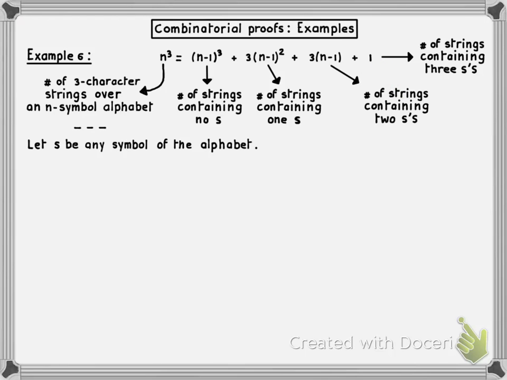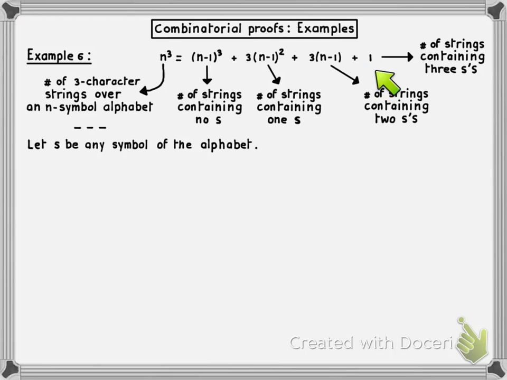So in conclusion here, these 2 expressions are equal because there are 2 different ways of counting all the strings of length 3 over a particular alphabet. Here we have the direct computation, and that number must be equal to the total number of strings of length 3 that contain 0 S's, the number of strings of length 3 that contain exactly 1 S, the number of strings of length 3 that contain exactly 2 S's, and the number of strings of length 3 that contain exactly 3 S's.